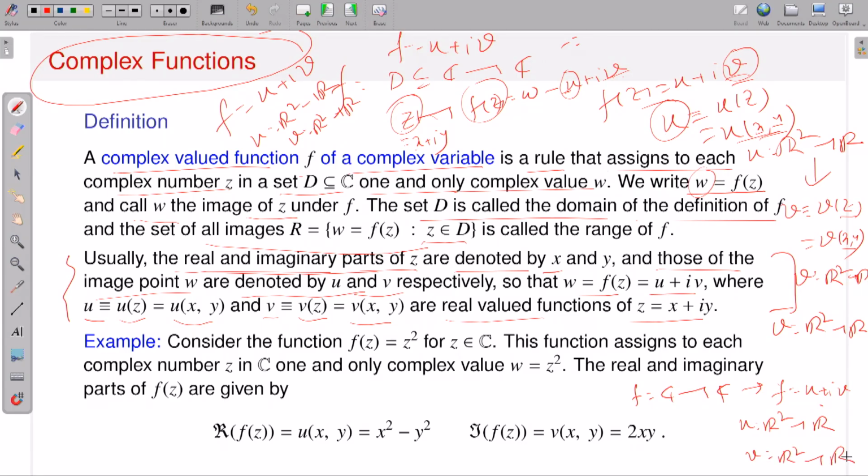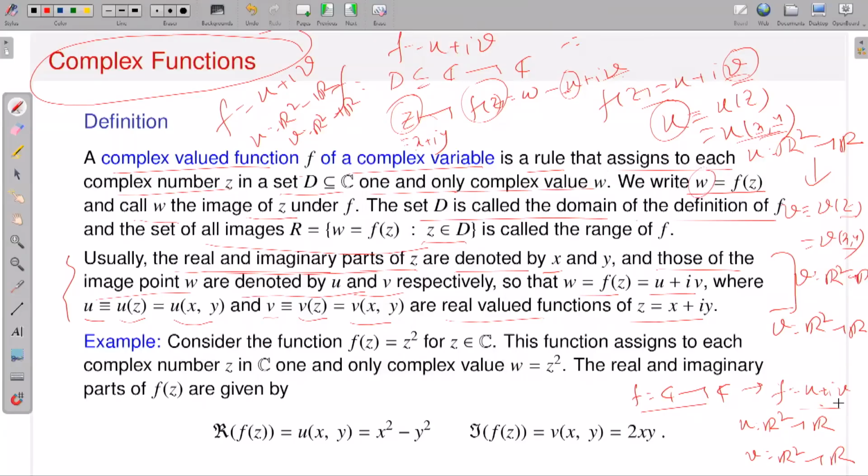Now you can guess, because when I give the meaning of the concepts of limit, continuity and differentiability, the question is, since f is of the form u plus iv, where u and v are real valued functions of two real variables, you know the concepts of limit, continuity and differentiability for these kinds of functions.